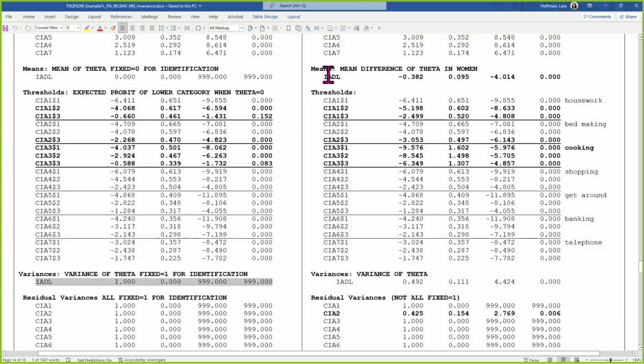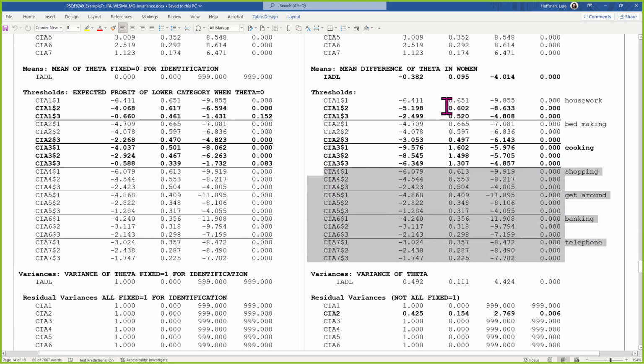The women have an average theta of minus 0.38. And this p-value right here tells me that's significantly different than 0, meaning they're significantly lower. So the women for this sample are lower ability than men, but only with respect to the invariant items.